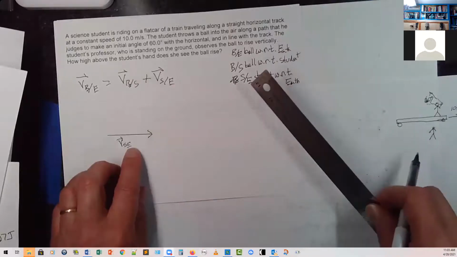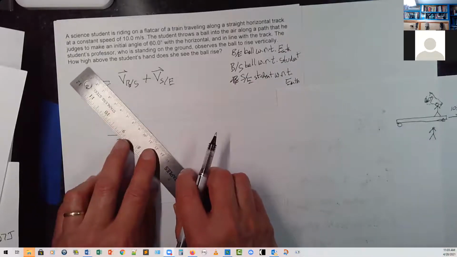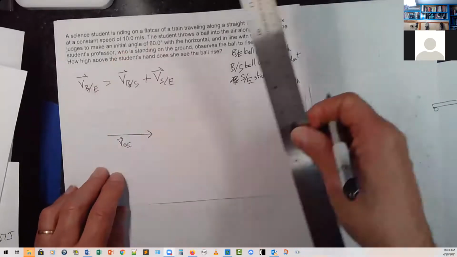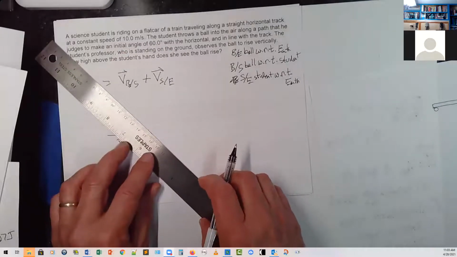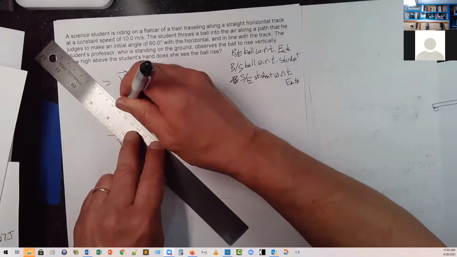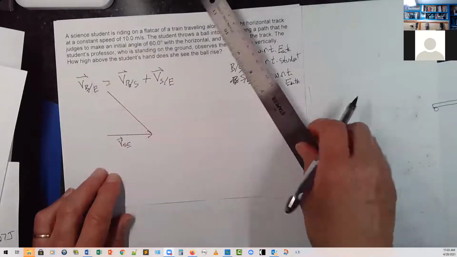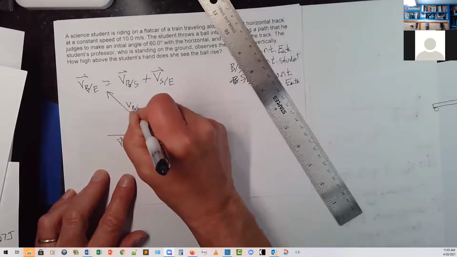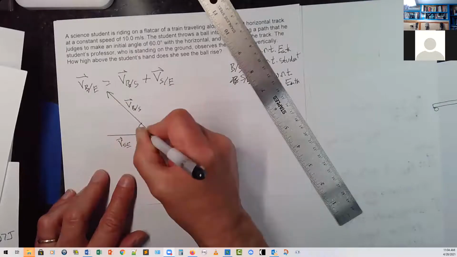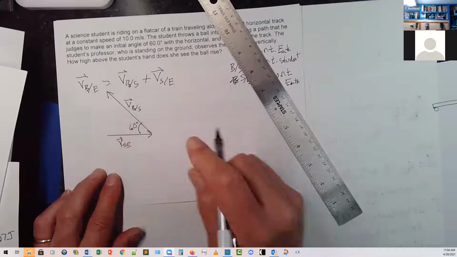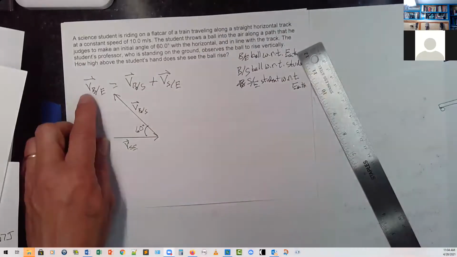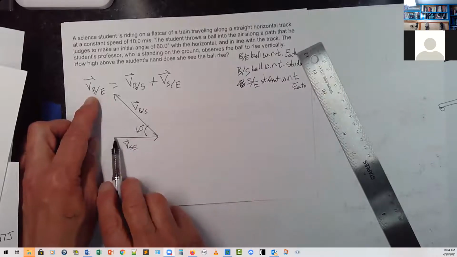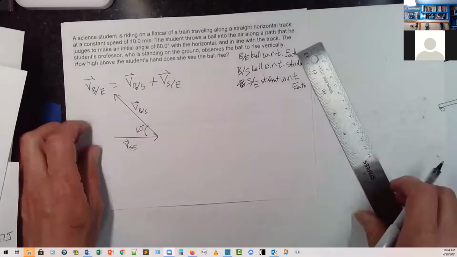But velocity of the student with respect to the Earth, whoops, I was drawing on top of the ruler and not anything else. This is the velocity of the ball with respect to the student, and it makes a 60-degree angle. And they add together in such a way that the student's professor sees the ball just going straight up and then coming straight down again.